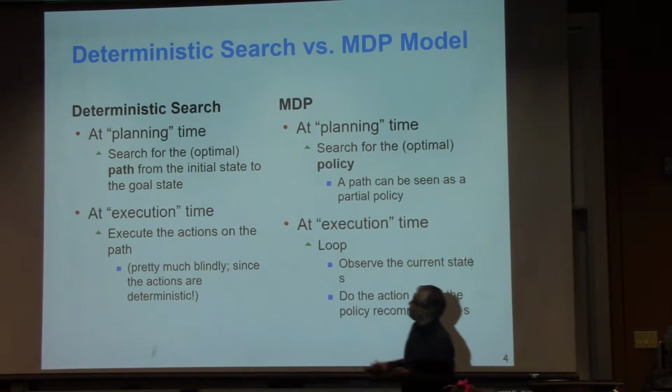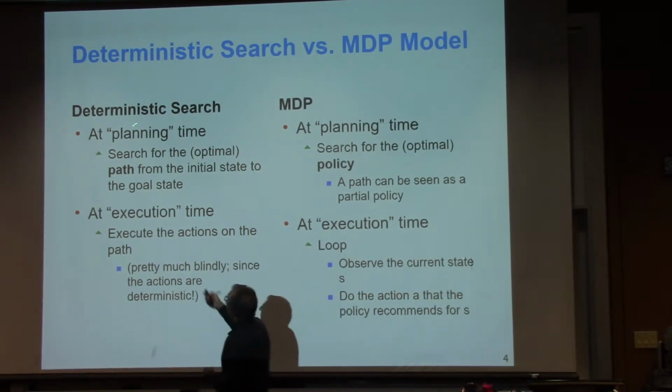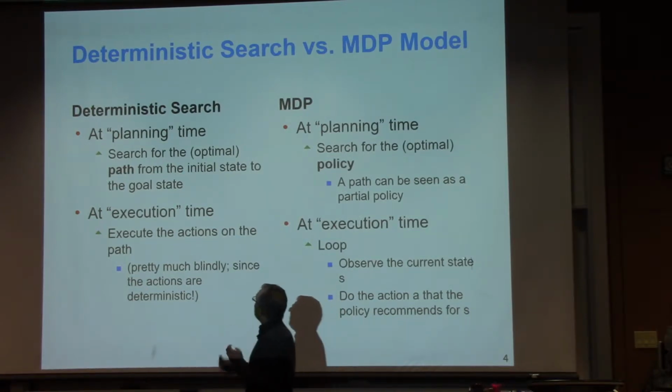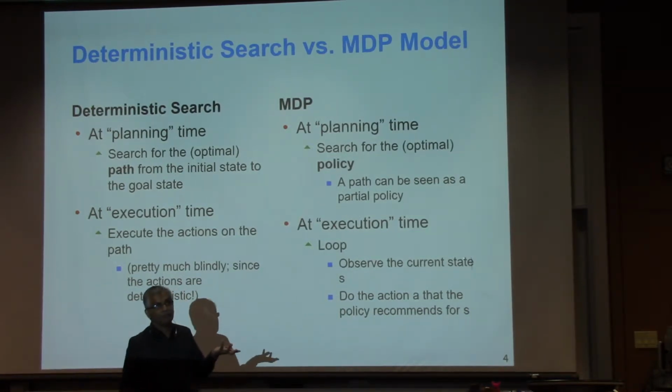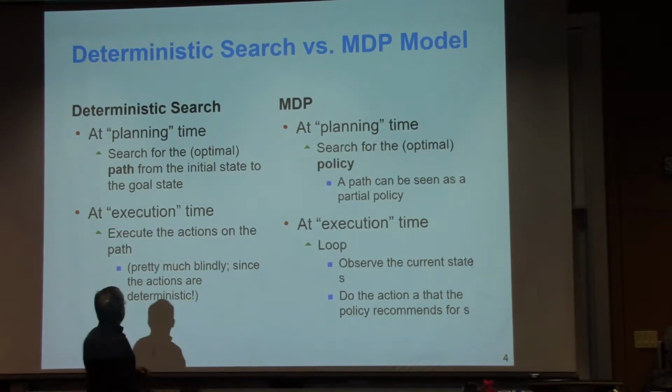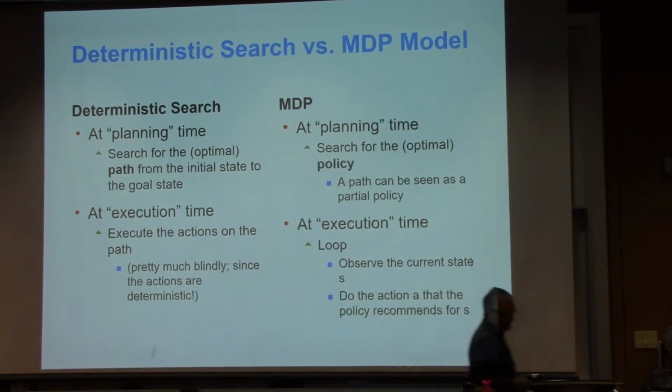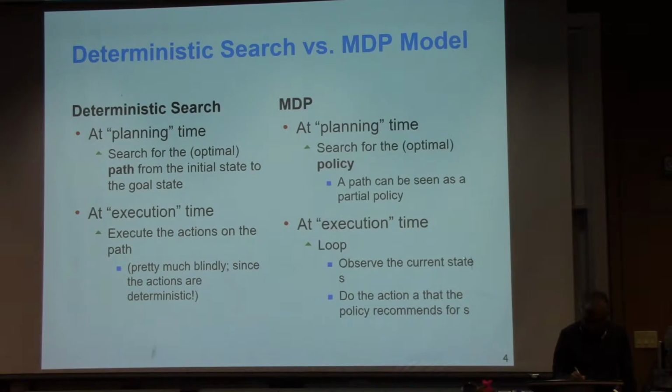Okay, so putting in perspective A-star search and MDP, remember in A-star search, at planning time, you essentially search for the optimal path from the initial state to the goal state. And then in the execution time, you execute the actions on the path. One crazy thing to understand about A-star search is that the A-star search agent doesn't need to open its eyes during execution.